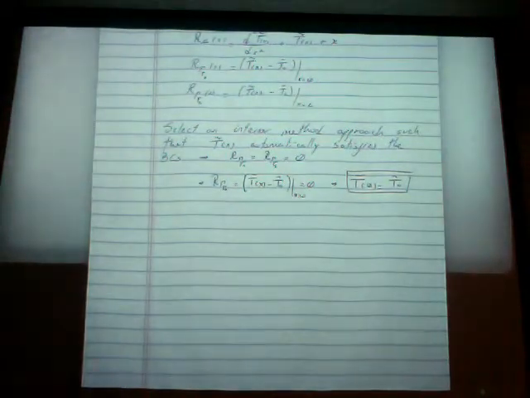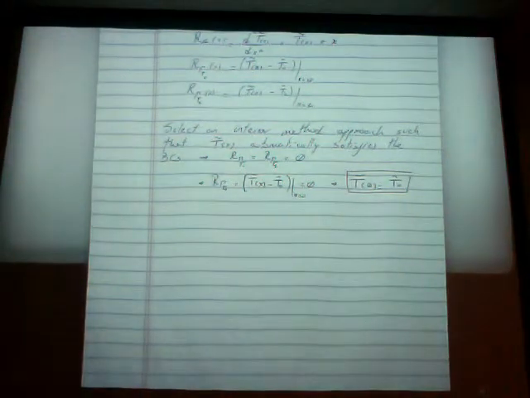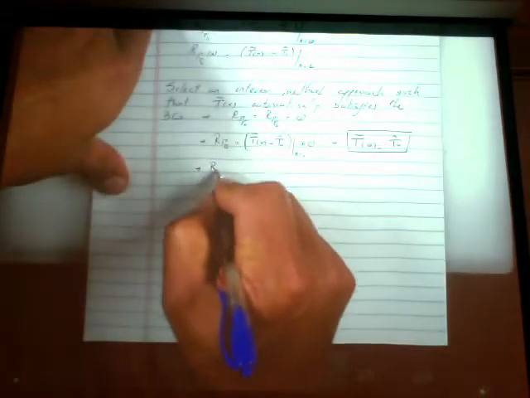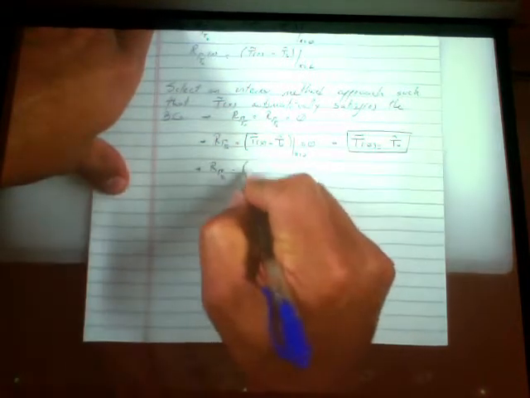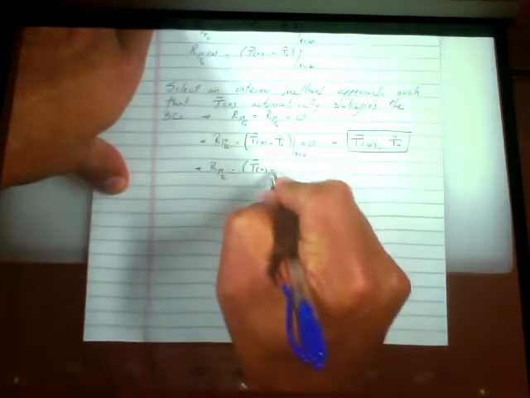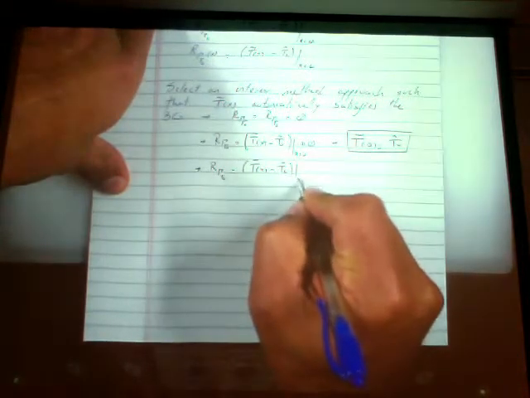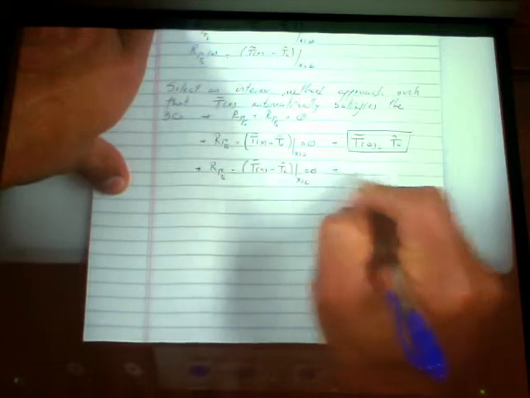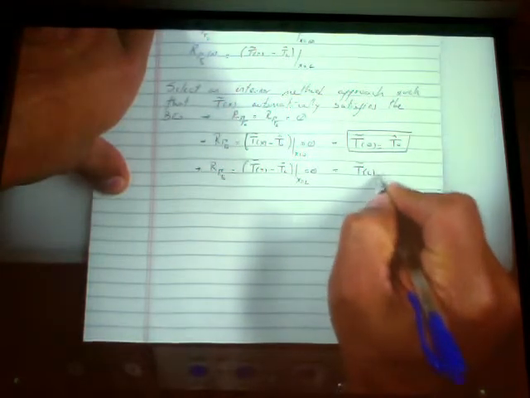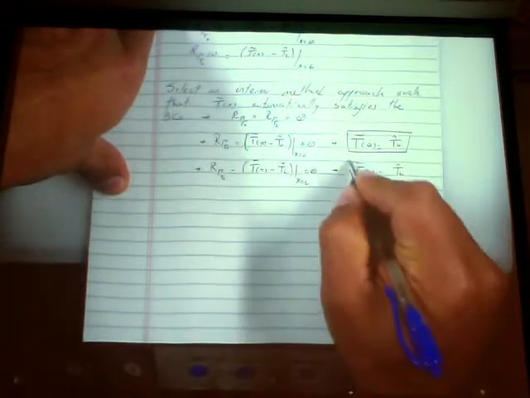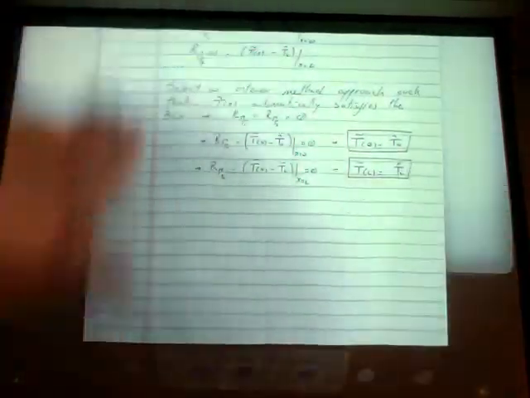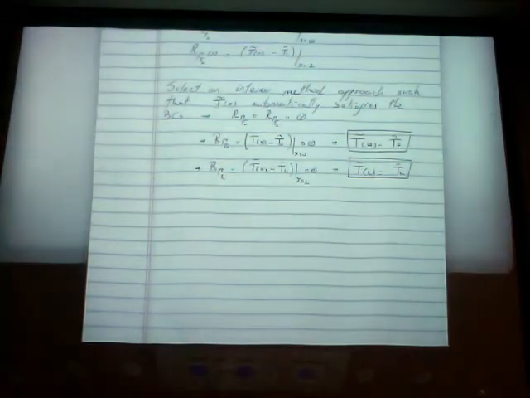Somehow we have to come up with an expansion that automatically is forced to satisfy that. And it would also mean that therefore, this is the case. So let's see what we can do to be able to accomplish that.